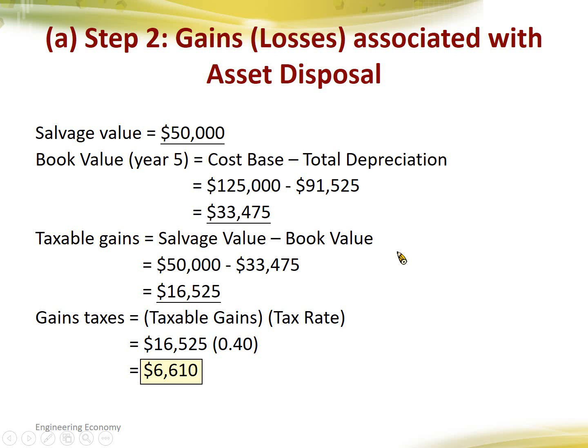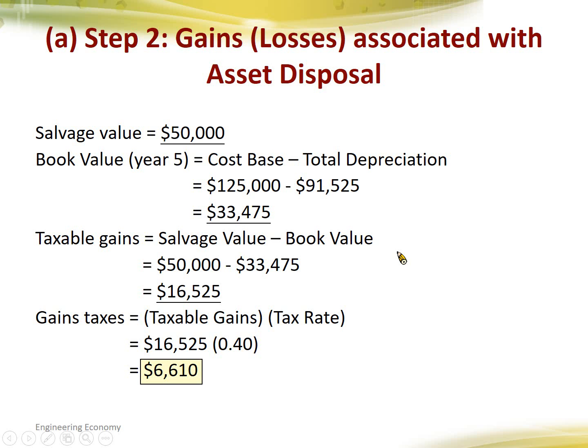However, that's also the end of the project where we get 50,000 as salvage value. So there's a difference, and our salvage value is greater than book value. So we'll be computing the difference. The difference is 16,525, which is required to pay income tax.